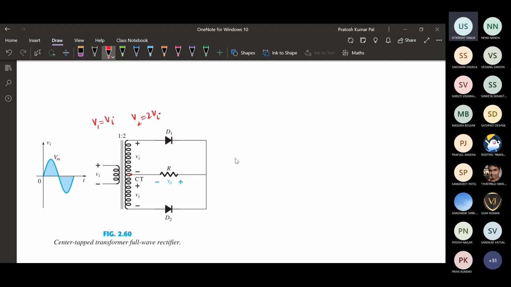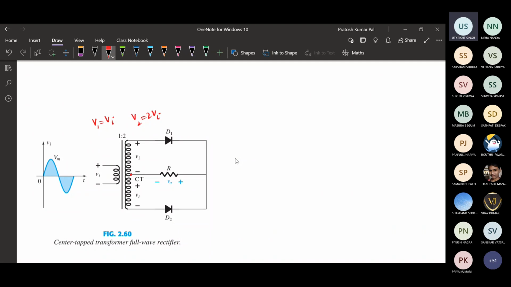So if Vi is the input, 2Vi will be the output at the secondary coil. Because it is center tapped, this 2Vi is divided equally: half of the voltage is above the center and half of the voltage is below the center. This has been assumed.